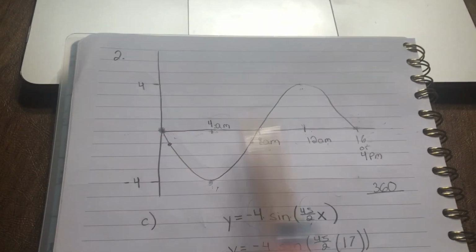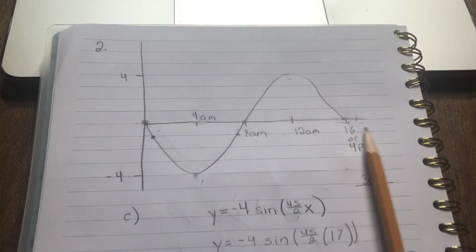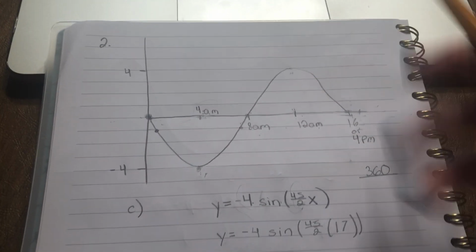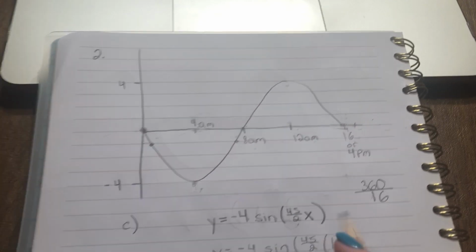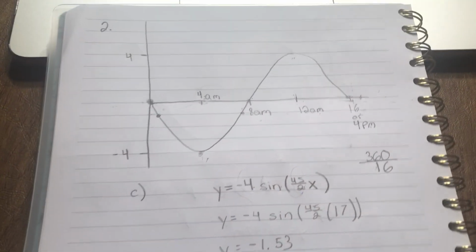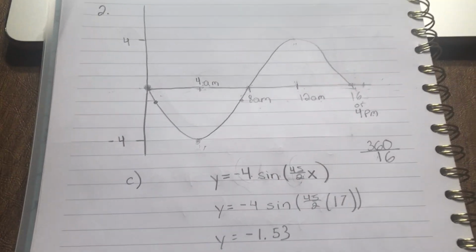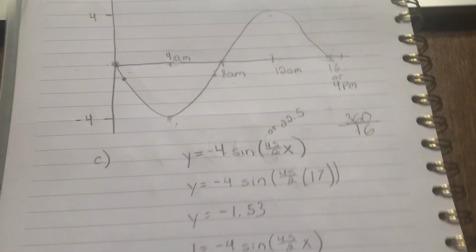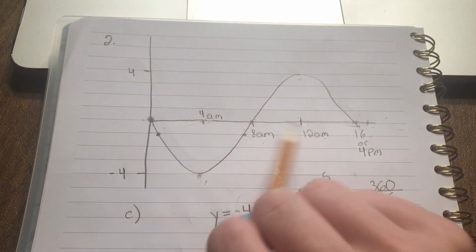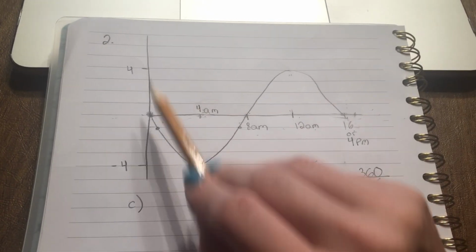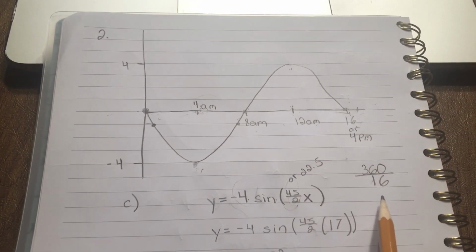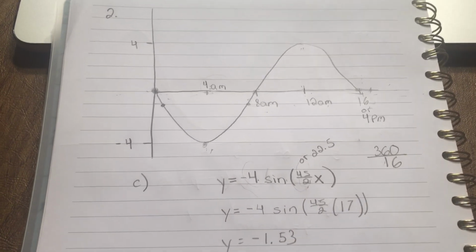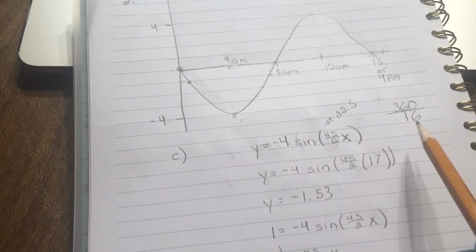For one full cycle, it takes 16. So we do 360 divided by 16, which gives me 45 over 2, or you can also write 22.5. Okay, this isn't shifted to the left or the right at all, and it's not shifted up or down, so we don't have to include anything else. So that is our equation to model the tide after t hours.